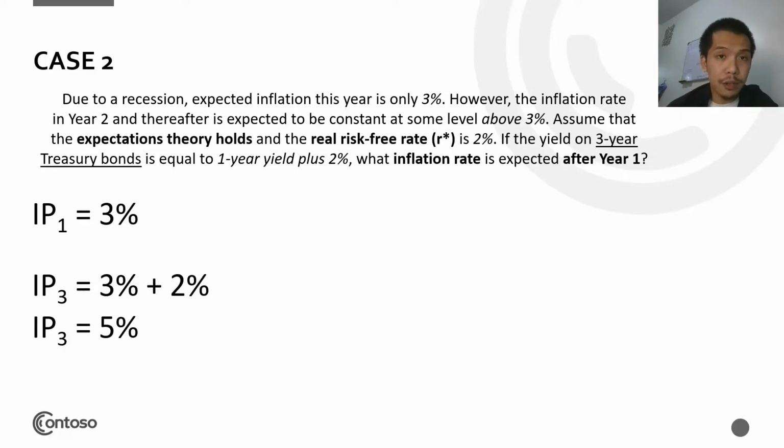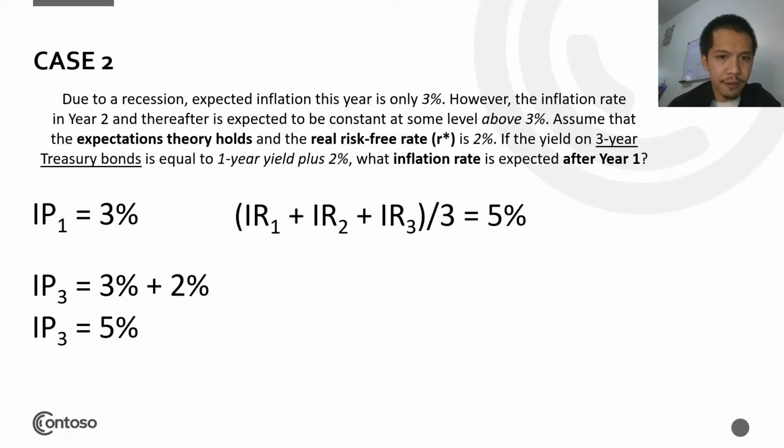Now, do not be confused. What we are looking for is the inflation rate, not the inflation premium, because the inflation premium is just the average inflation throughout the years until the security matures. Now, we have the following for 3 years.